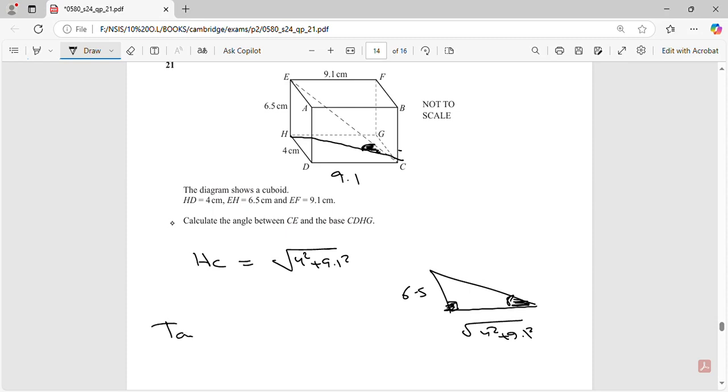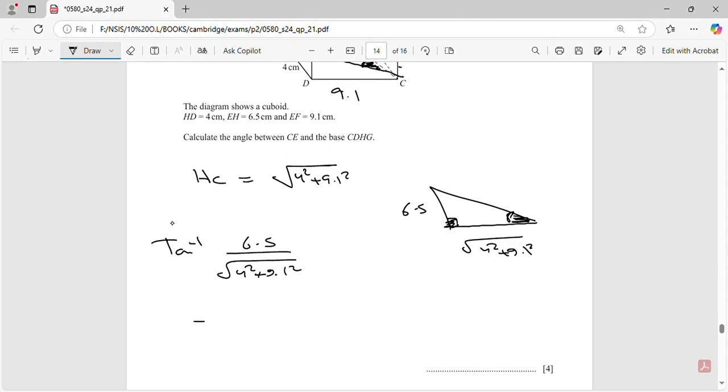So it will be tan inverse of 6.5 divided by root of 4 power 2 plus 9.1 power 2. Why didn't I put in the answers as I told you before, to save the value of the numbers instead of making it shrink or whatever?